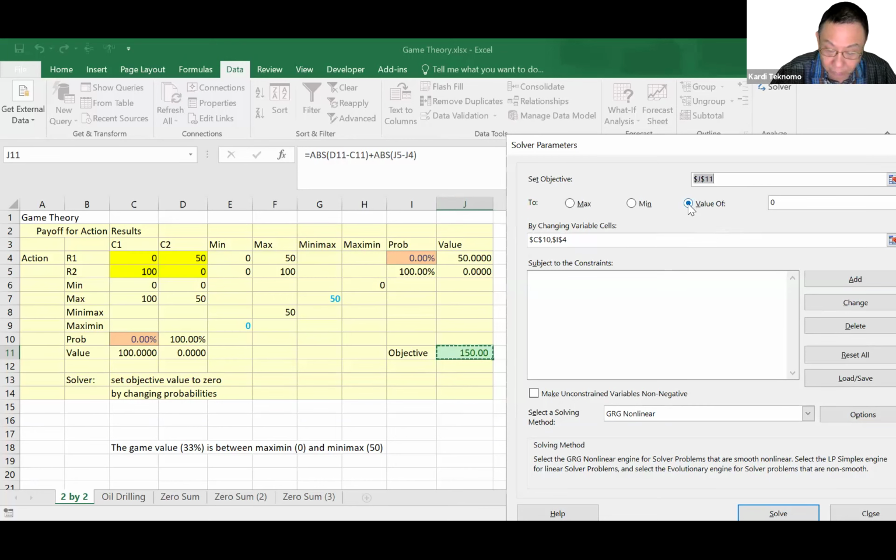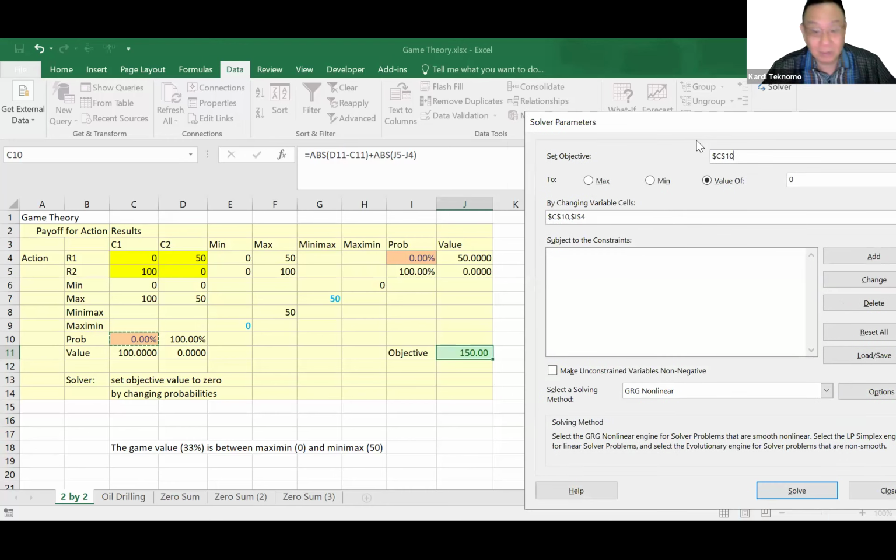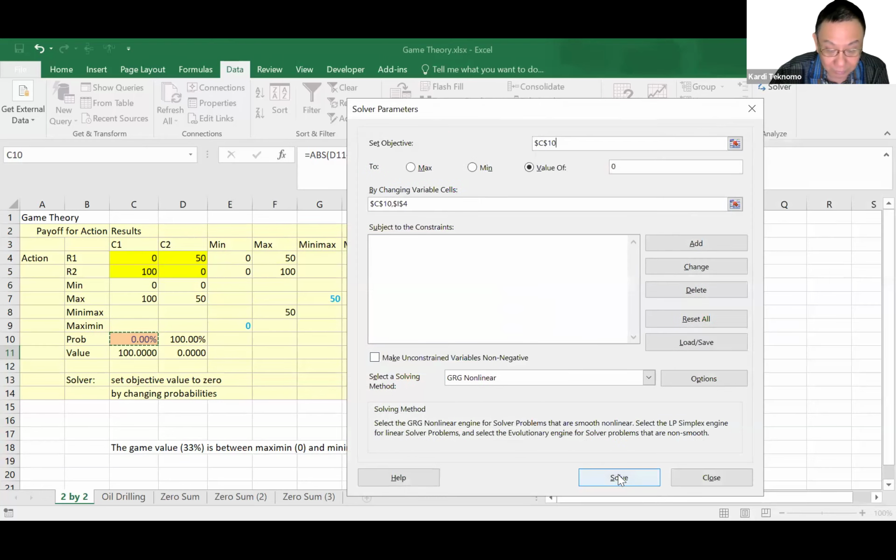And you set the value to be 0. This is the target, by changing what probability? The probabilities are the ones that I put here and this one. Because we have set that the probability is 1 minus the other one, I don't need to put any constraint. So in this case, just solve.